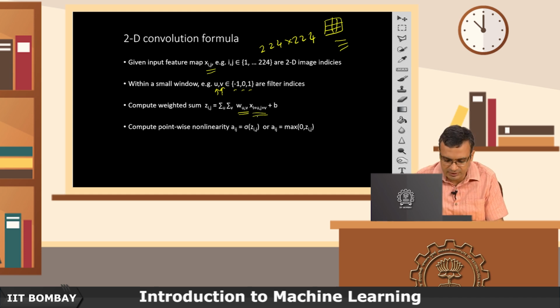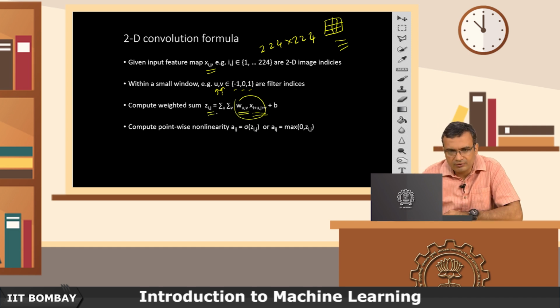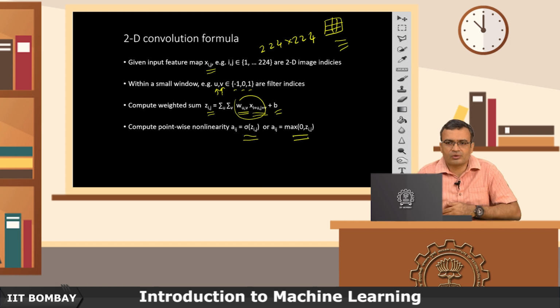These are the 2 indices, and we will compute that correlation, and that will give us one output location, which is at the ij location. Okay. And then we can add a bias, and we can send this pointwise through a sigmoid or a tanh or through a ReLU. So those things can also be done.